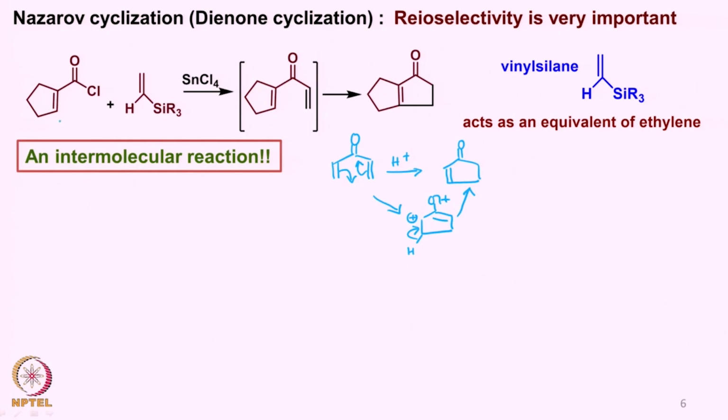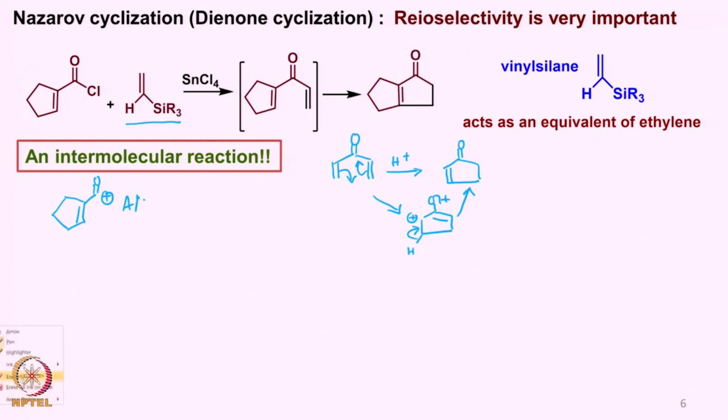You can react the acyl chloride with vinyl silane. As we discussed, the vinyl silane reacts with an electrophile. In this case the electrophile is going to be this particular positively charged species, and you have here SnCl4.